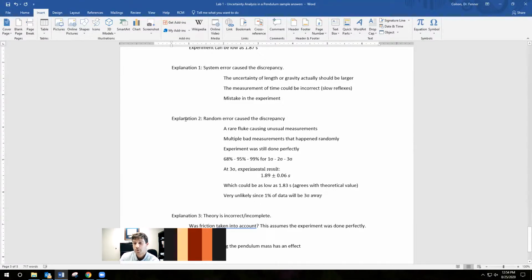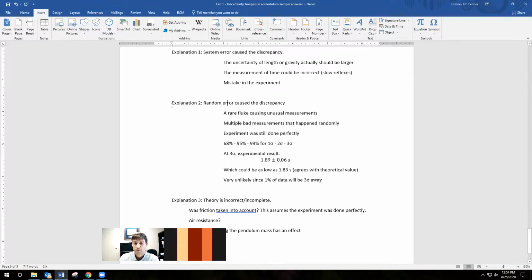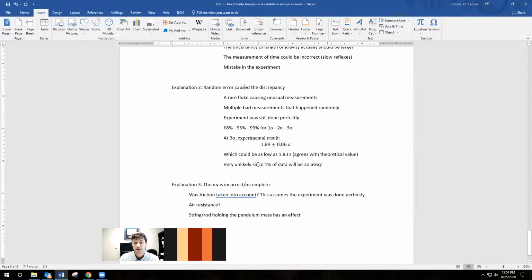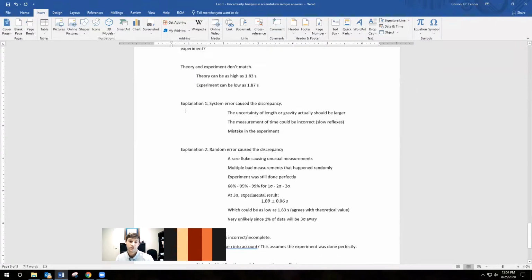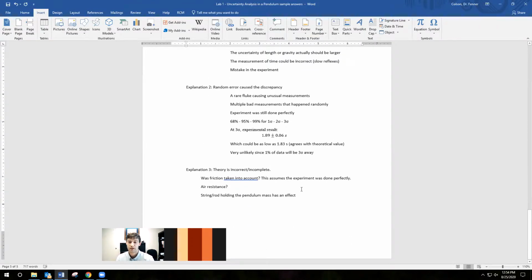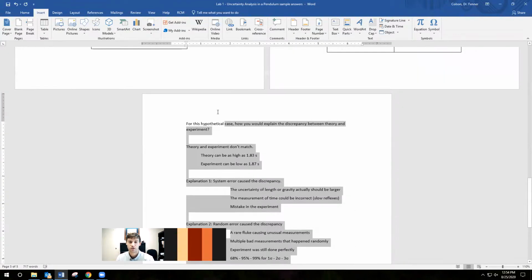Again, it wouldn't be random error, because if it is random error, then you should be able to knock out explanation 2 by repeating the experiment. If you keep repeating the experiment, you should find that the random error goes away, because the random error is not repeatable, it's random. So if you actually did the experiment, you could choose which would be the most compelling, but to answer the question, you just make sure that you understand each one.